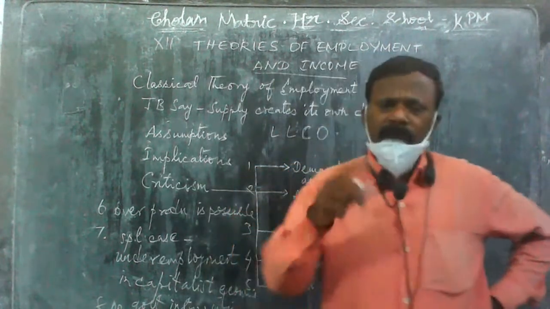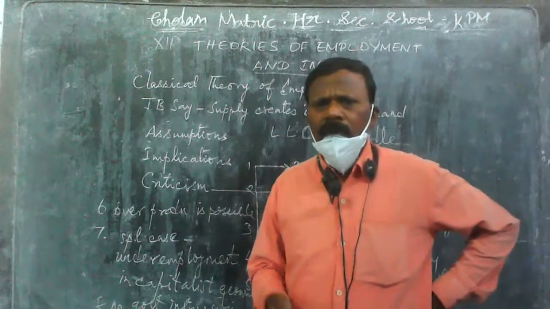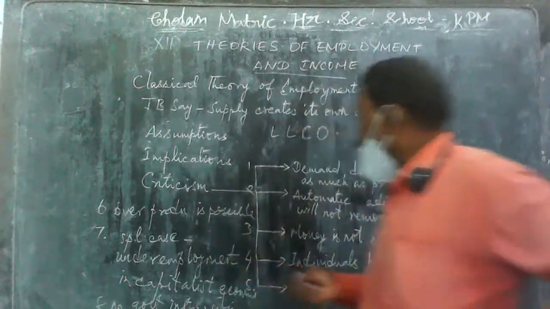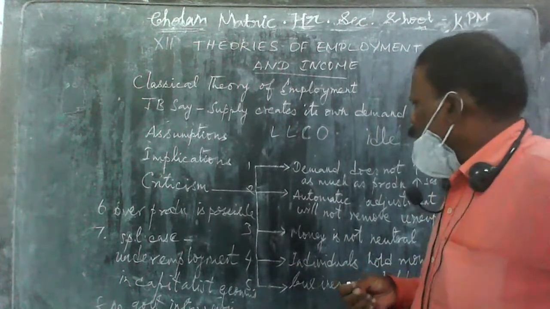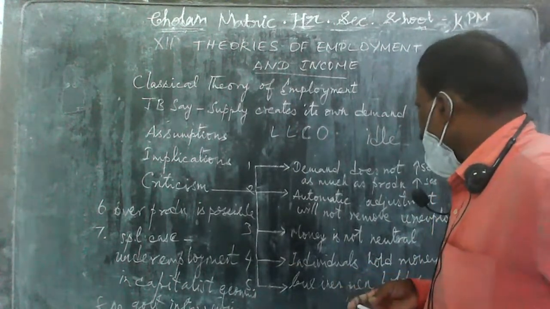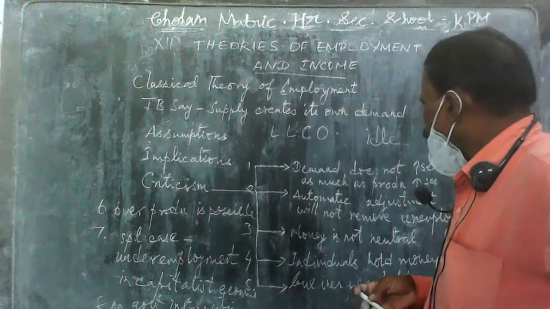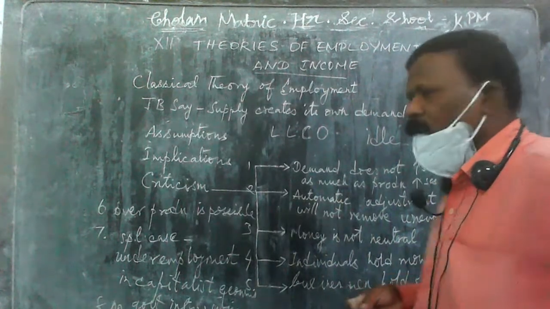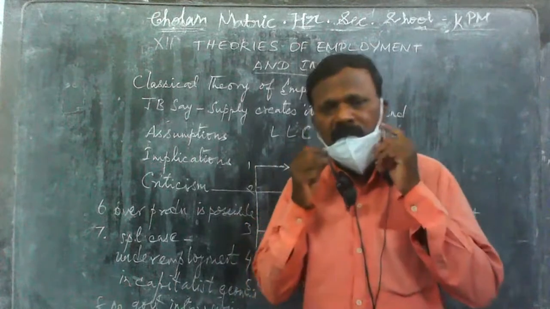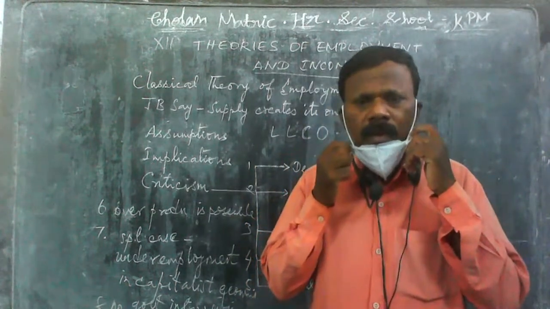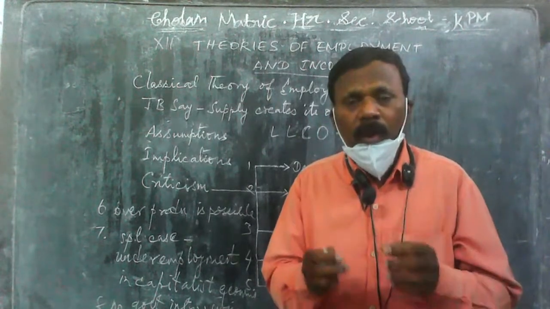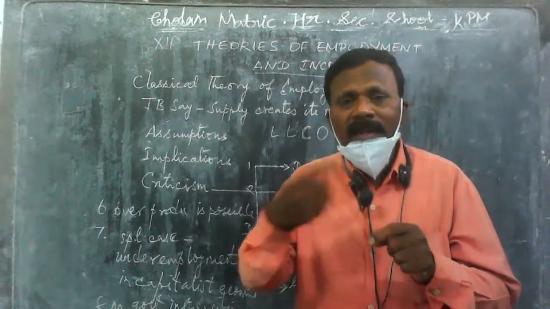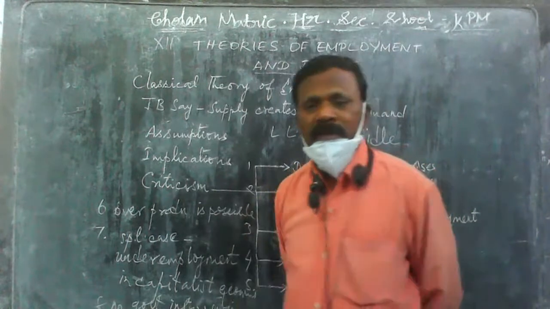Then, the next thing is J.M. Keynes says that automatic adjustment will not remove unemployment. That means what? Unemployment can be removed only by an increase in the rate of investment.